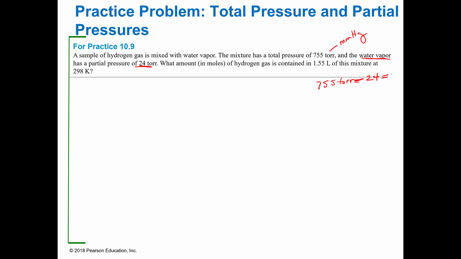So just keep that in mind because that's going to be the 731. That'll be your total pressure, because water's not a gas. So you've got to take that out.